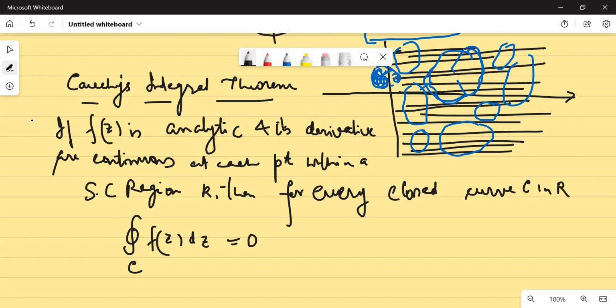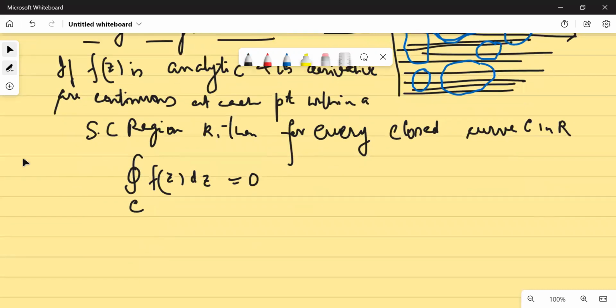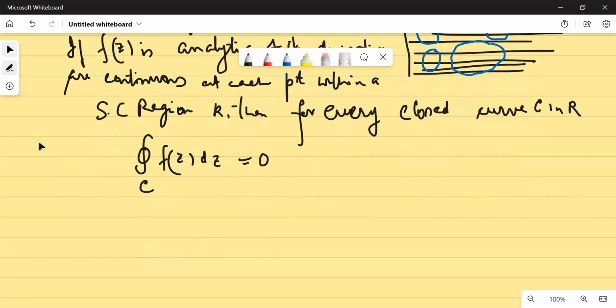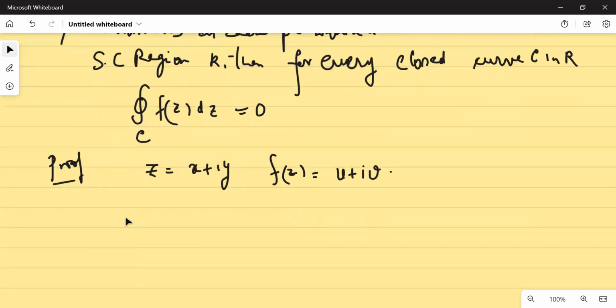So understand my point. This was called Cauchy's integral theorem. So how to go about it? If I write z as x plus iota y, and f(z) as u plus iota v, this integral will transform into two real integrals.